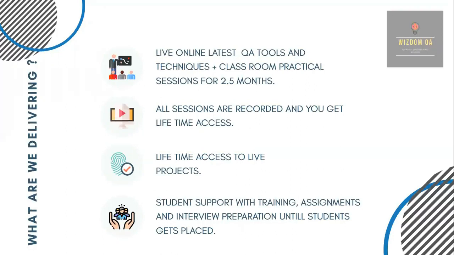I think in my website it's clearly written what you will be getting out of it, but I want to specify one more time. This is basically an online plus classroom session. It's going to run for 2.5 months to 3 months at least. I will take the classes 3 to 4 days a week, depending on what you prefer, Monday to Thursday, at 8 p.m. to 10 p.m., depending on what you can confirm.